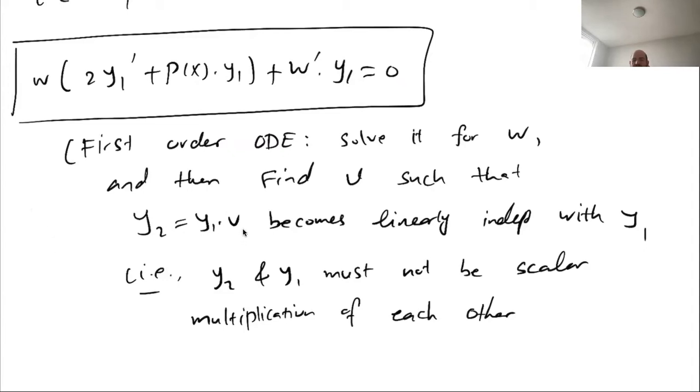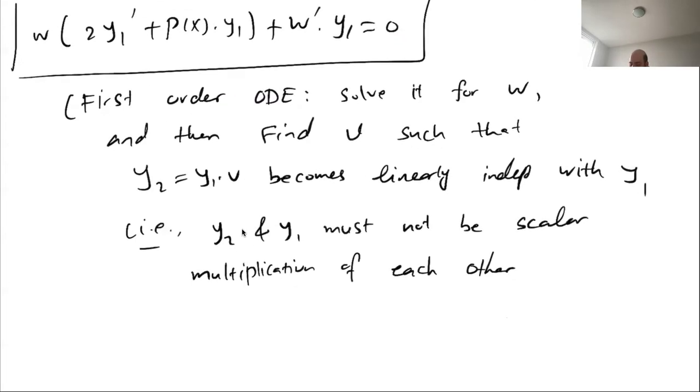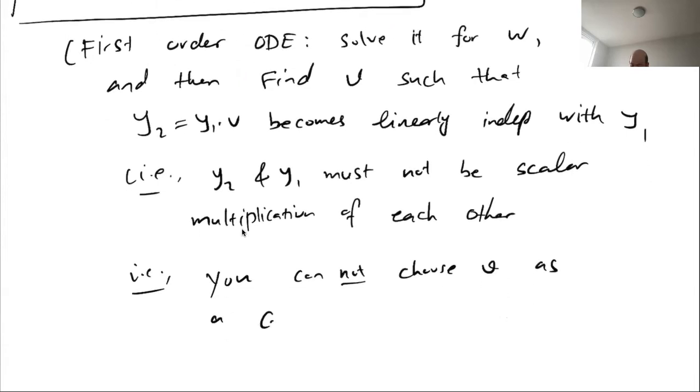And since y2 is y1 times v, this is equivalent to saying that you cannot choose v as a constant.